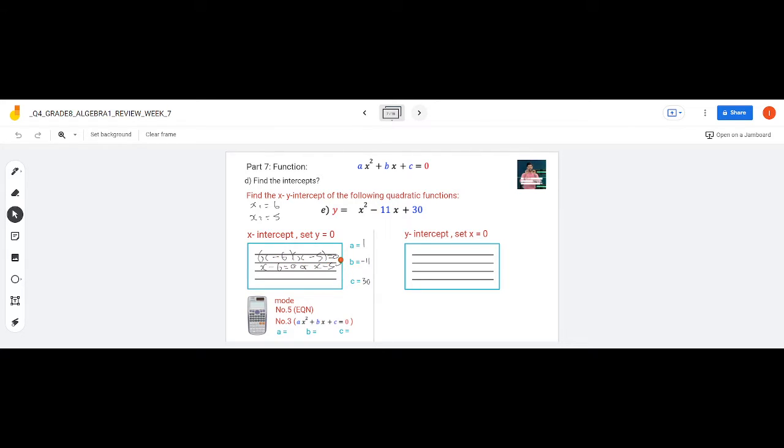Don't forget to write all. So x is equal to 6 or x is equal to 5. So we found our x-intercepts, and now we just find the y-intercept, and we just rewrite the equation again.